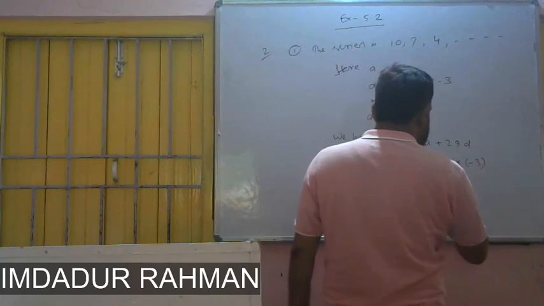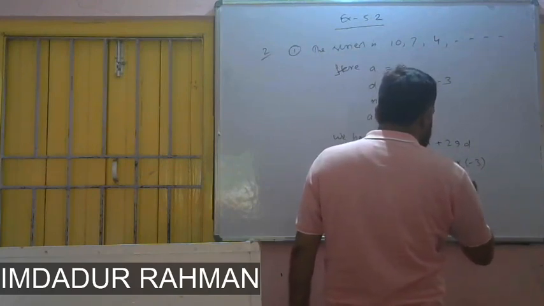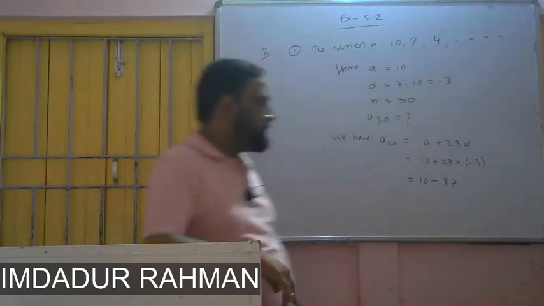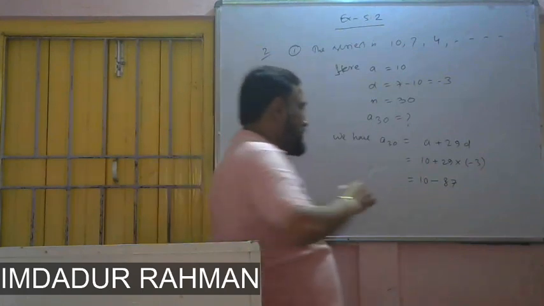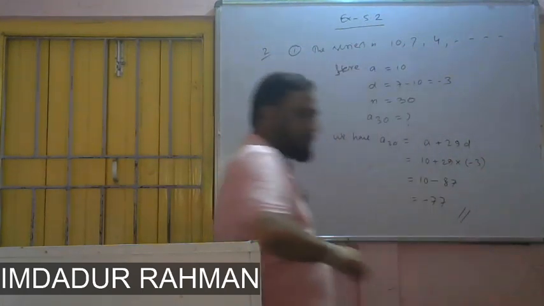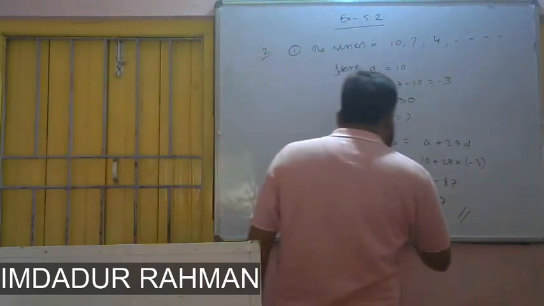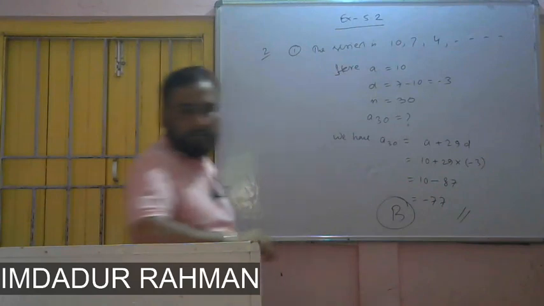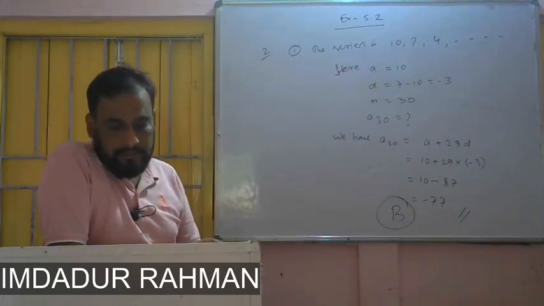A minus 87. So it is equal to minus 77. This is your answer. What is the answer? Answer is B. So like this, 11th term of an AP.